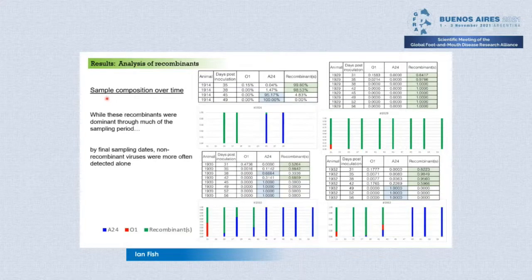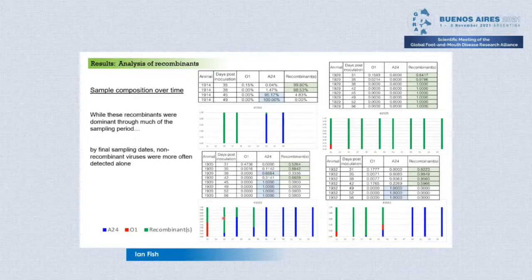The recombinants weren't the only viruses present in most of these samples. So these graphs show the proportions of non-recombinant A to non-recombinant O to recombinant viruses that were detected. For example, in animal 1930 over here, on day 31, it was about half and half O wild type to recombinant viruses detected in that OPF sample.